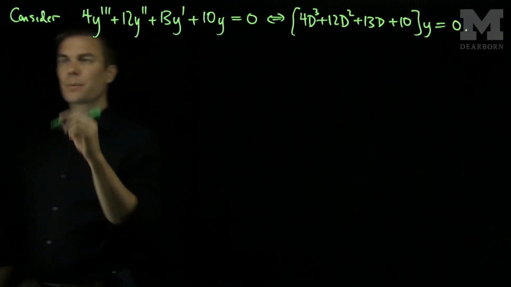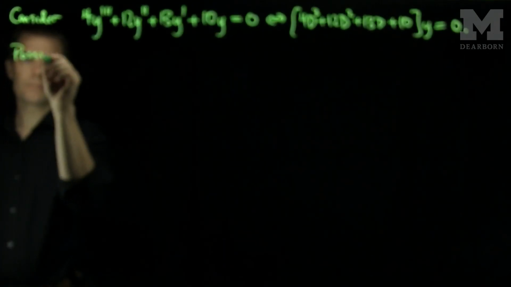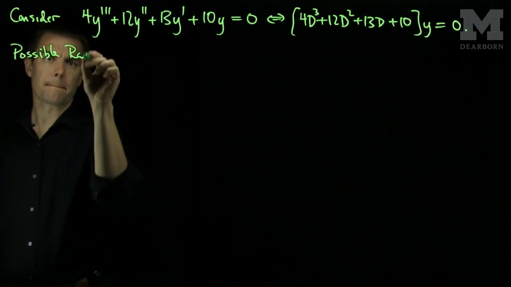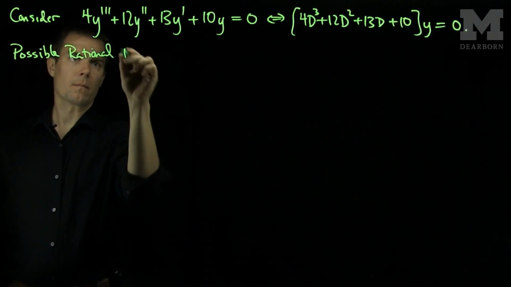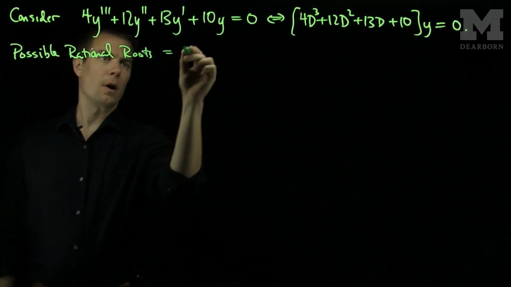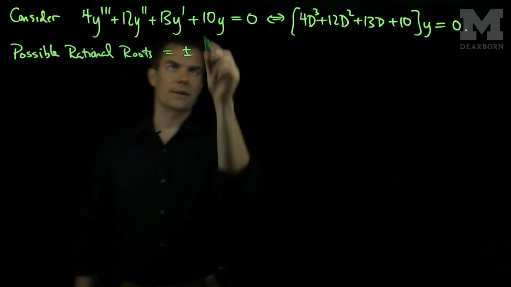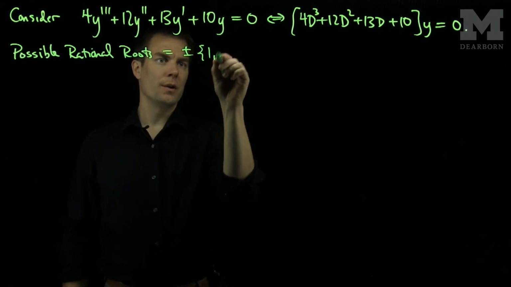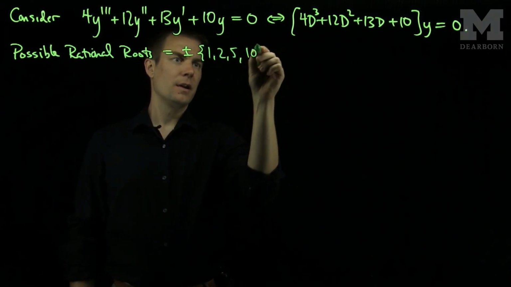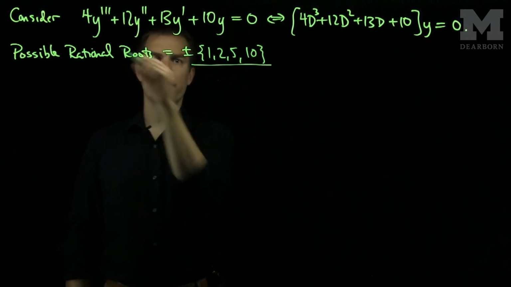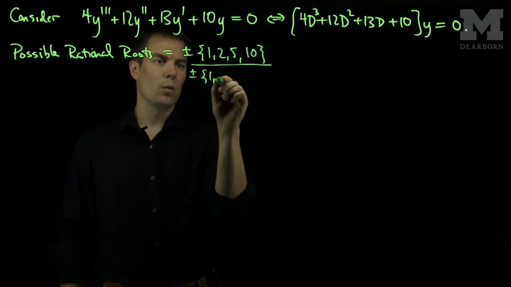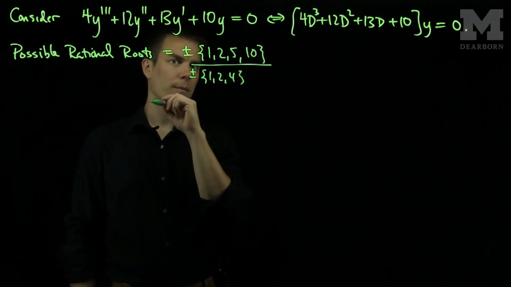Now we know the possible rational roots are plus or minus the factors of 10, 1, 2, 5, and 10, over the factors of 4, plus or minus 1, 2, and 4.